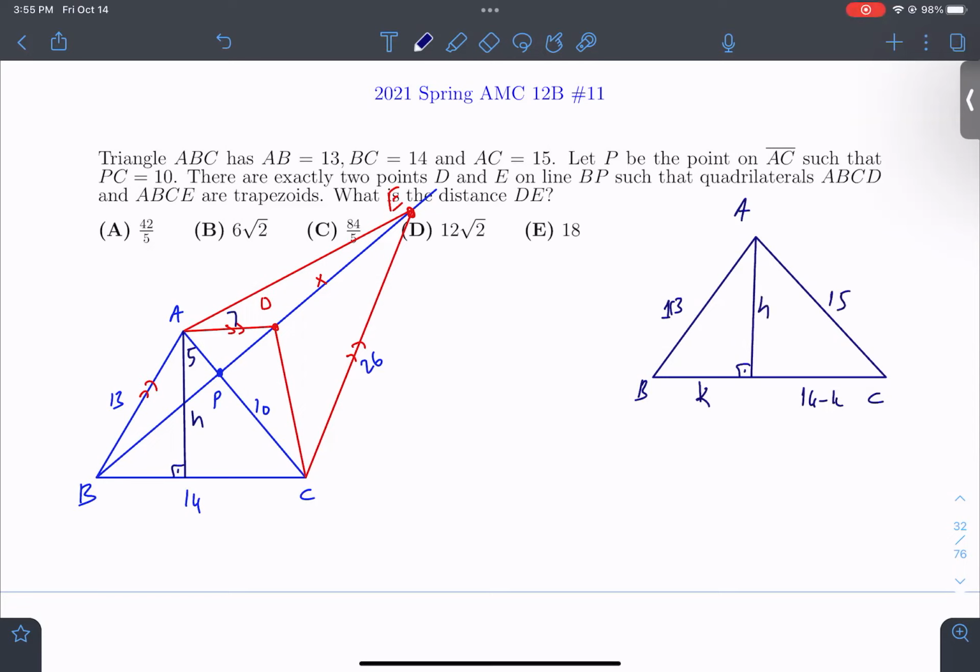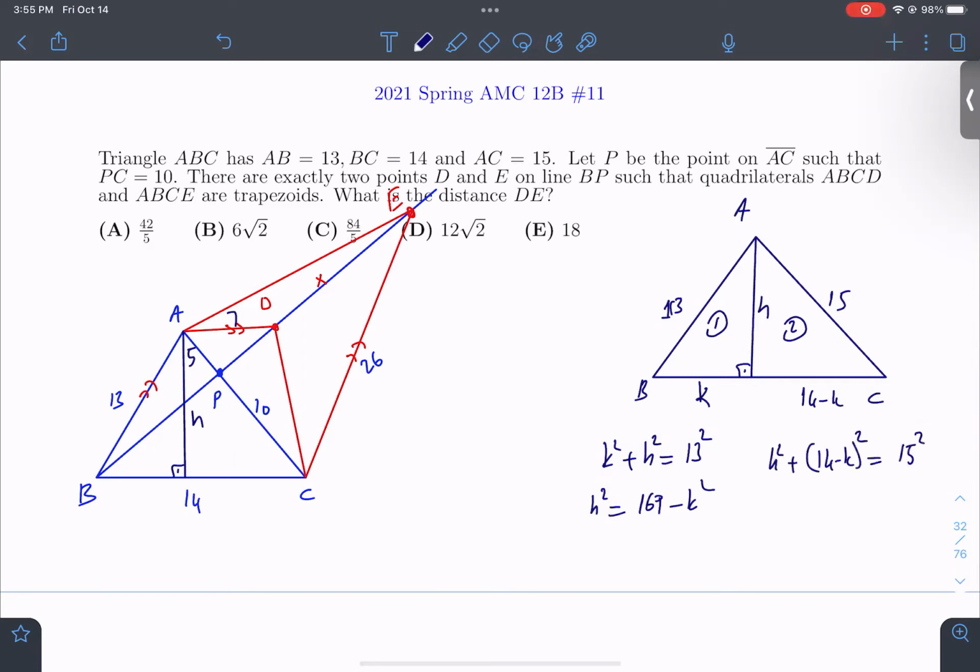Let's write the Pythagorean theorem, the triangle on the left, number 1, number 2. Triangle on the left: K squared plus H squared is equal to 13 squared. Then H squared is equal to 169 minus K squared. On the right triangle, H squared plus (14 minus K) squared is equal to 15 squared.